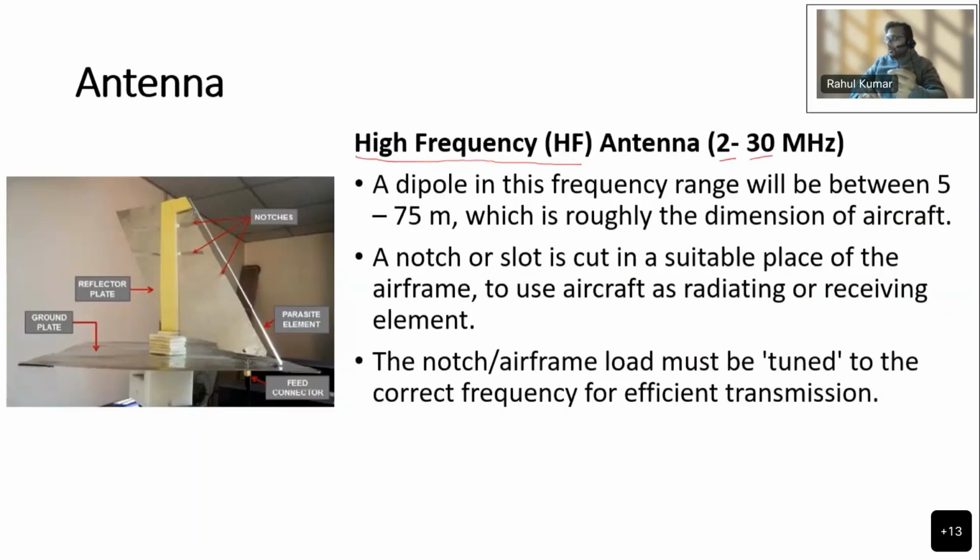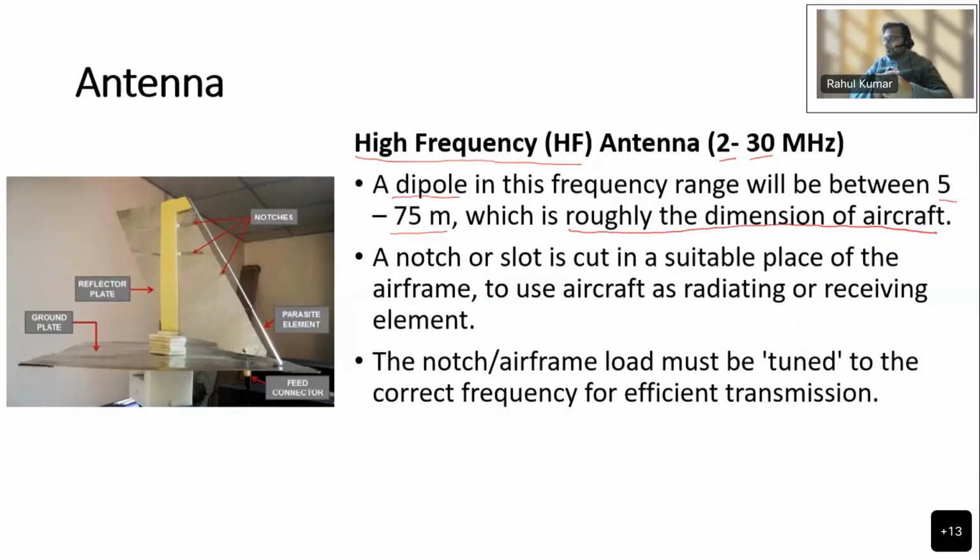If we design a dipole antenna to radiate in this frequency range, its length should be around 5 to 75 meters. If you design a lambda by 2 dipole, you will get the length of the antenna to be between 5 and 75 meters, which is roughly the dimension of the aircraft.